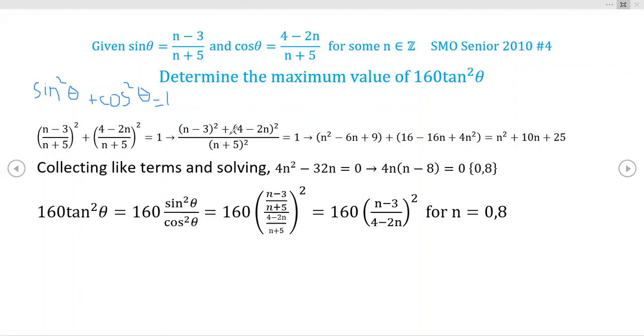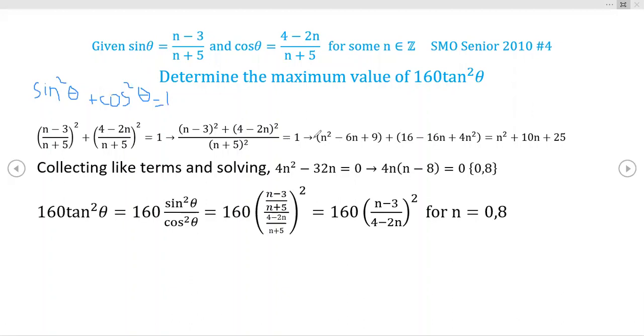And now, folks, it's just properties of exponents. If you square a fraction, it's the same as the numerator squared over the denominator squared. And also we have a built-in common denominator of (n+5) quantity squared.